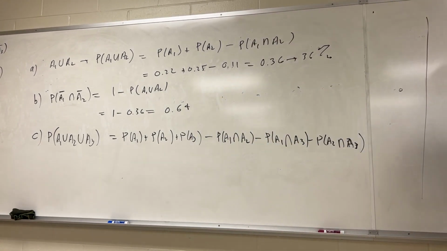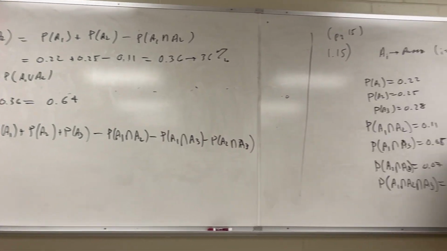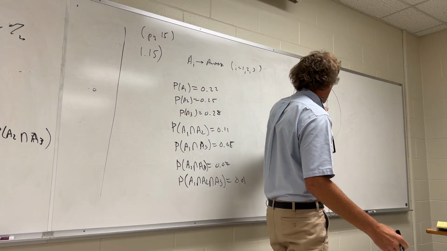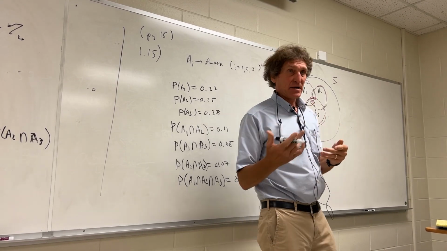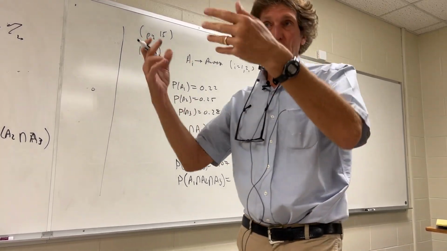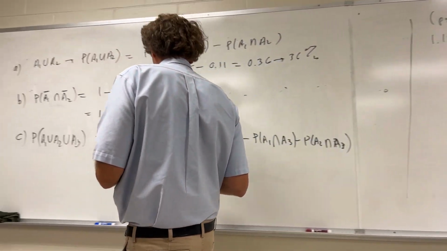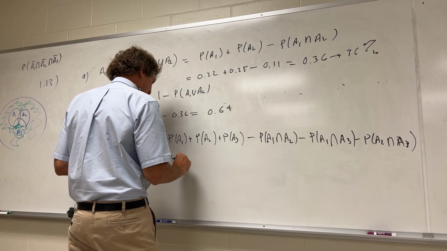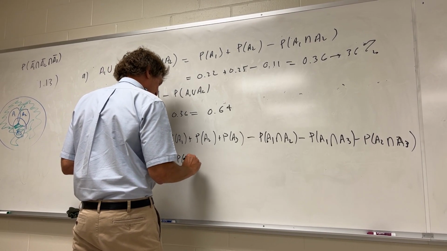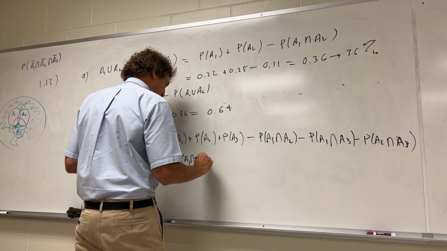But I've subtracted off that area in there, this sliver and this sliver, so I have to add it. You all with me? I basically subtracted it twice. So then I have to add plus the probability of A1 intersect A2 intersect A3.